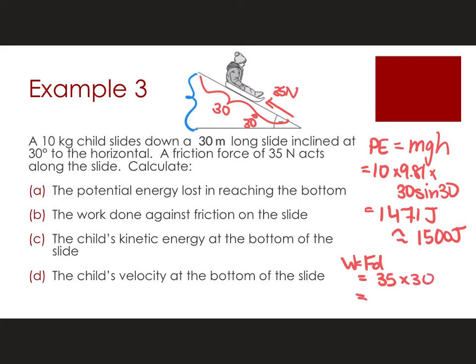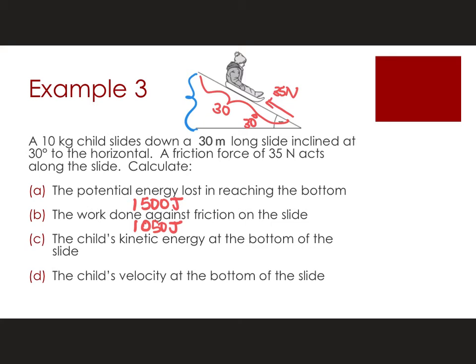I pick up my calculator and I get 1,050. I'm just going to put those values in over here so I can erase this and have space to work. And if I round that to two significant figures, it would be 1,100. I'm just going to leave it as this for now, keeping an extra significant figure until the end.